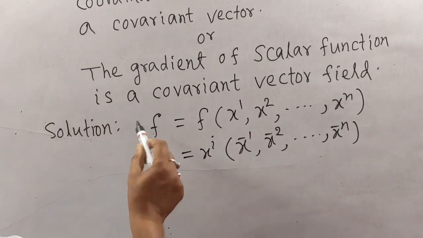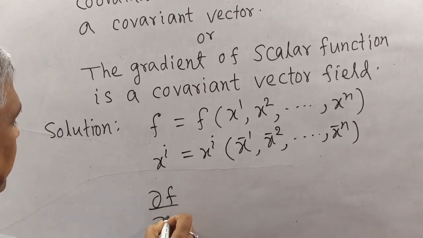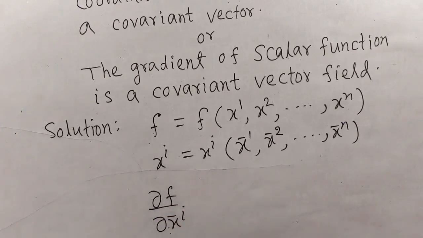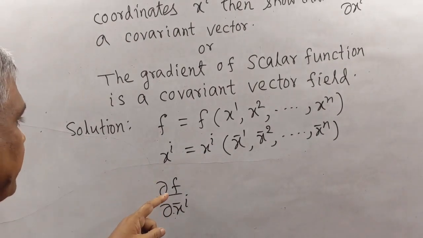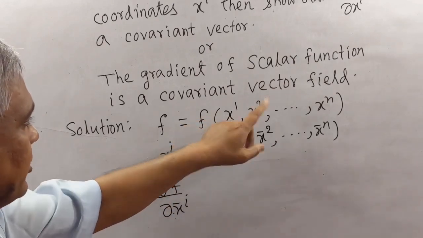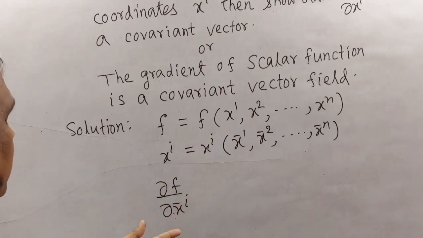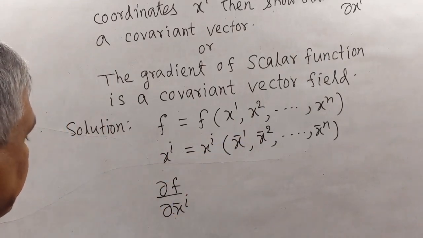If we differentiate this, del f by del x bar i. This is the bar system of coordinates, so we may not differentiate directly. Firstly we have to differentiate f with respect to the coordinates of the x system, then we will differentiate with respect to the x bar system.